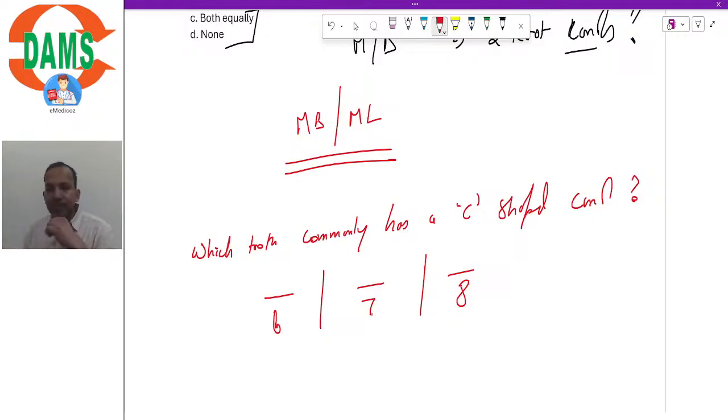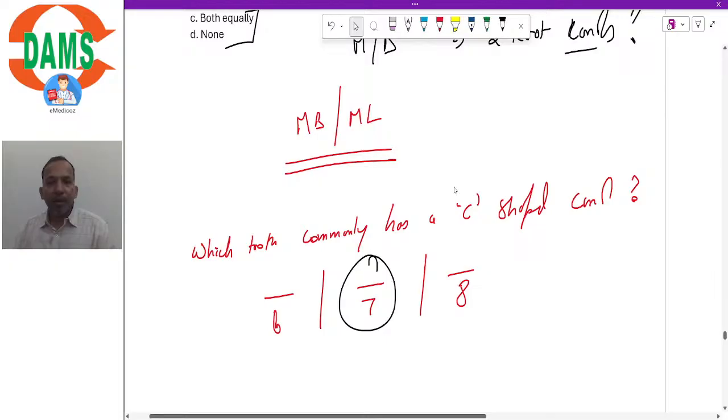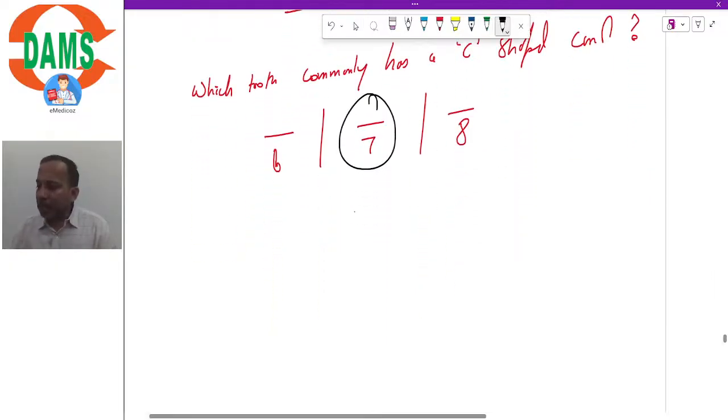Yes, very good. It might have 3 canals, and it is the mandibular second molar which most commonly exhibits a C-shaped canal. So what is a C-shaped canal? Let's say these are the 2 canals, mesiobuccal and mesiolingual.